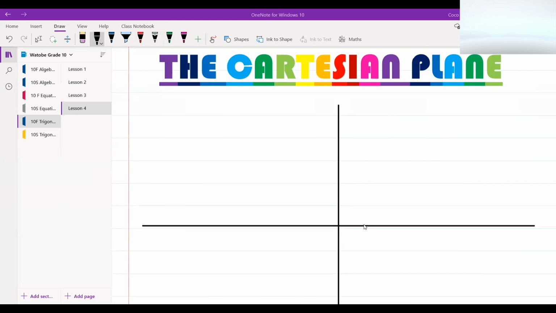Vanessa has a question. What does SOH CAH TOA stand for? Vanessa, it's a mnemonic device that helps us remember that sine of theta is equal to opposite over hypotenuse, cos of theta is equal to adjacent over hypotenuse, and tan of theta is equal to opposite over adjacent.